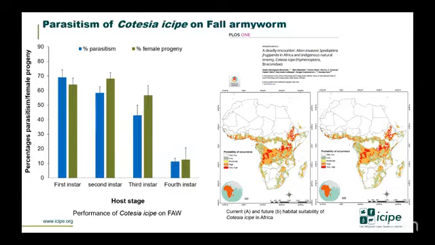And as you can see from the model, around the equator, and as you go southward, it's quite suitable. This is under the current climatic scenario, and it remains the same even under the future climatic scenario, with the highly suitable areas shrinking a bit.